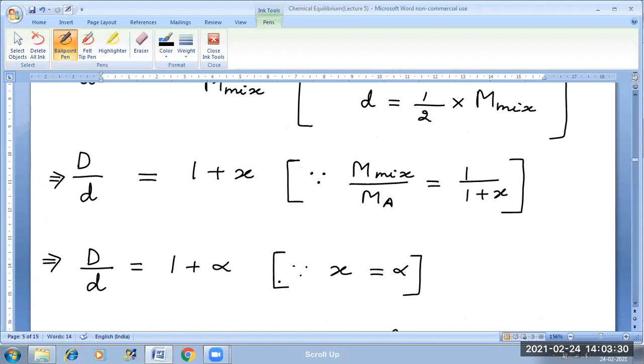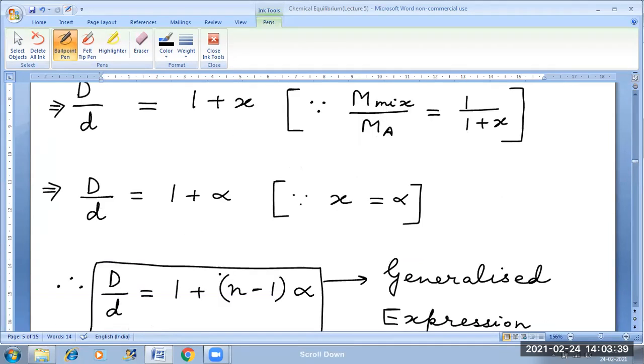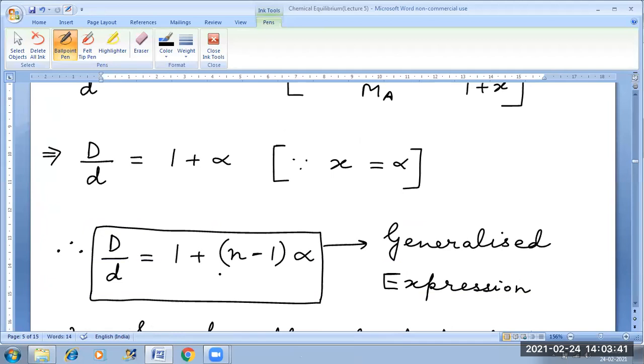Now, in general, I had taken a reaction where A is giving B plus C, so you got this relation. In general, this will come. So we took a particular case, that is A giving B and C. So n, meaning total, now what is n?